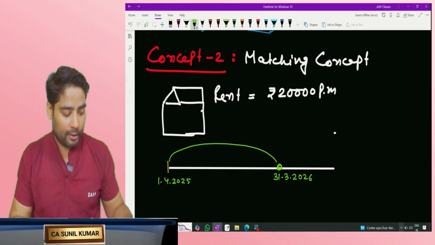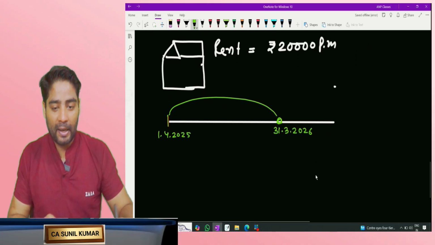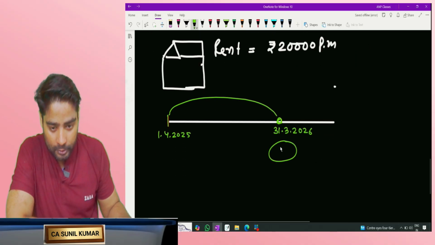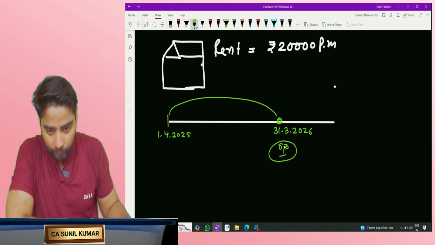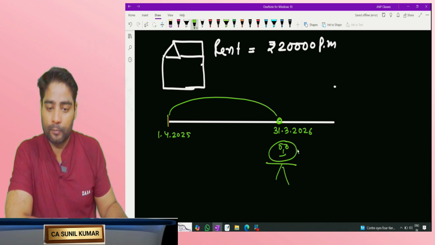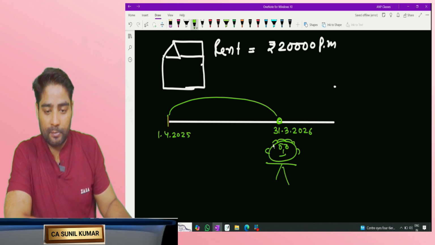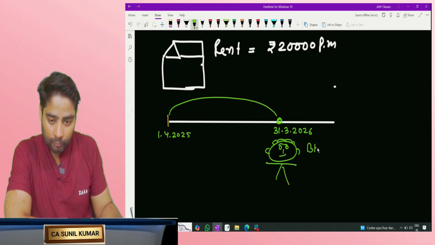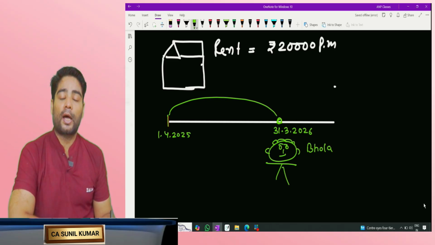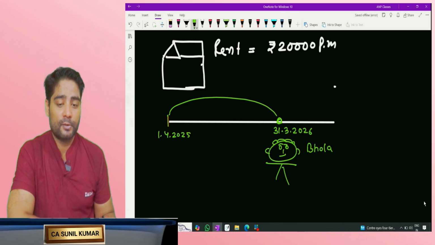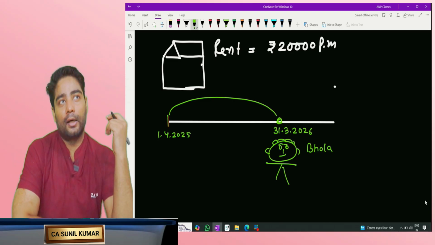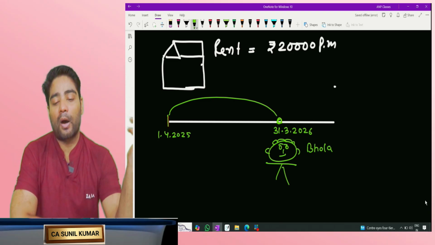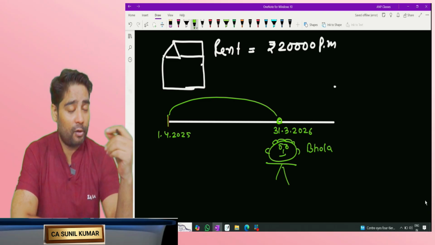Okay. But let's suppose this is my landlord. His name is Mr. Bhola. Let's suppose Mr. Bhola came to me on 31st March and he said, okay, Mr. Sunil, you have paid the amount of 20,000 rent for the March.